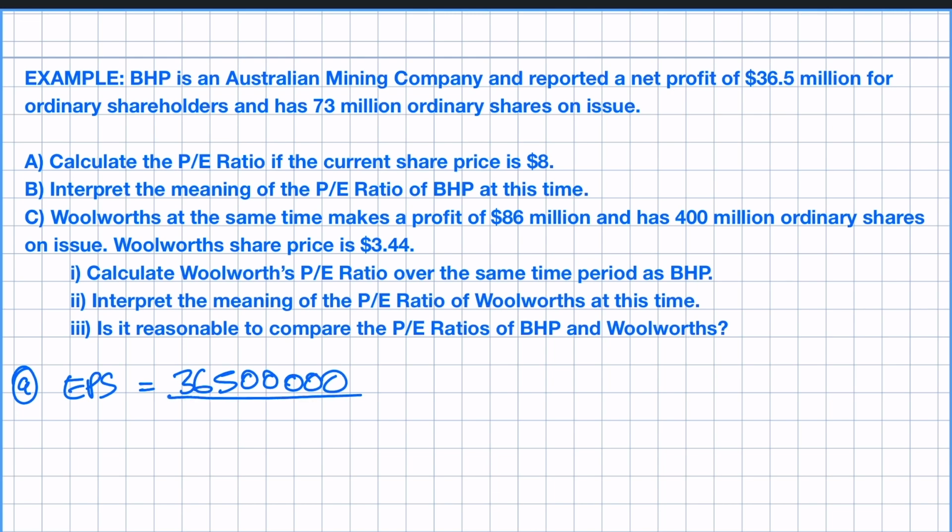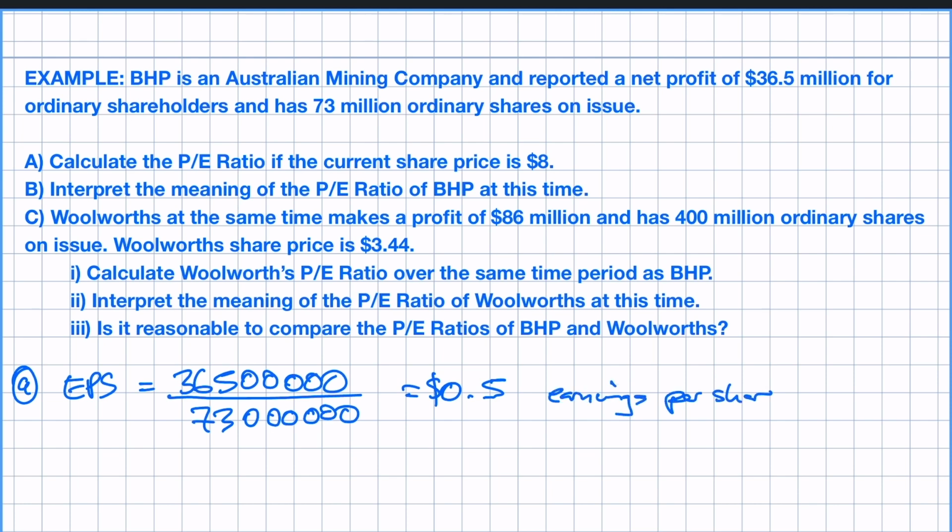How many shares were there? 73 million, so 73, and how many zeros am I going to chuck there? 6. 73, 0, 0, 0, 0, 0, 0. 36,500,000 divided by 73 million. So I get 0.5. It's basically saying 50 cents earnings per share.